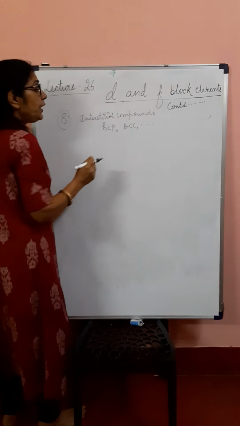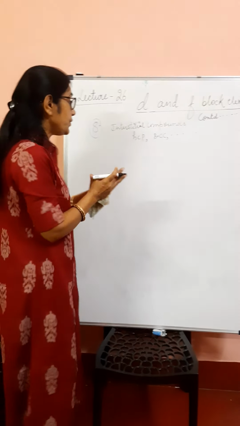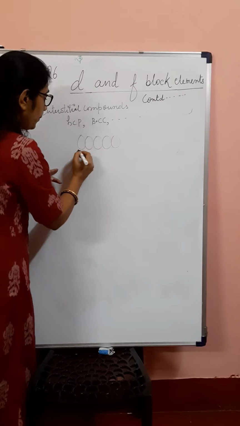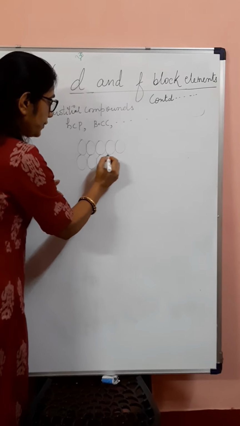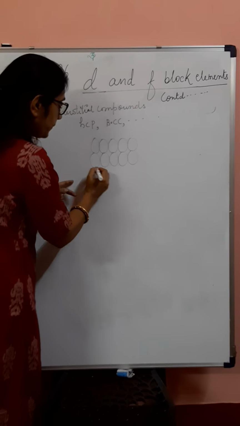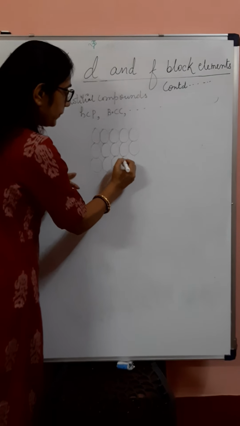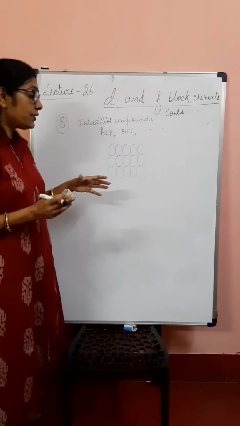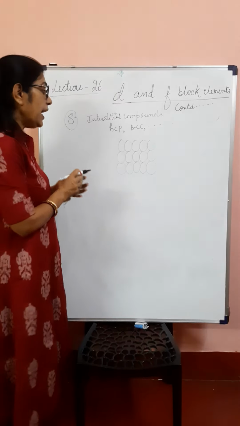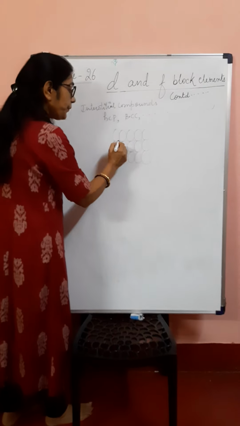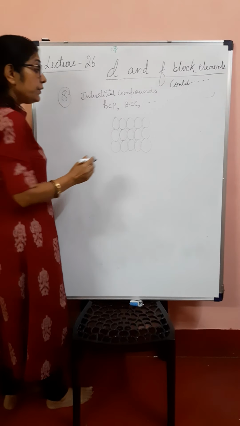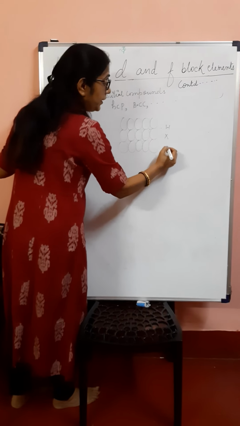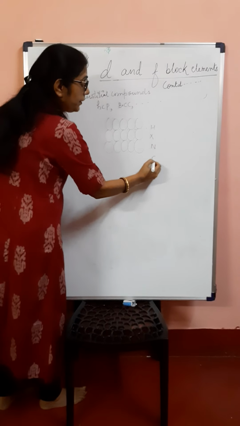So they have different types of close packed structures, and even if they are closely packed, I'm just giving a two-dimensional structure in solid state. I taught you their three-dimensional structure in class 11 as well. So these metals, even if they are so closely packed, still there will be some vacant spaces, that is voids. And these voids are occupied by hydrogen, halogen, nitrogen, carbon, etc.